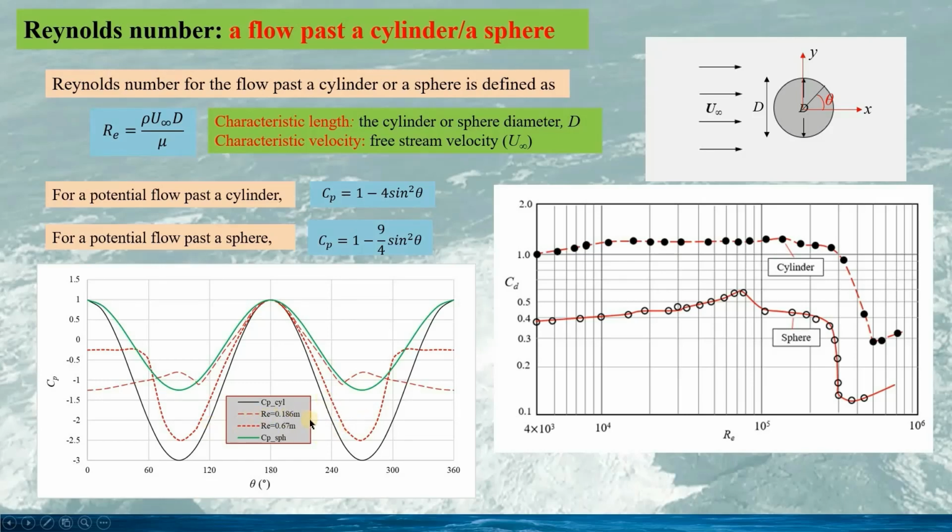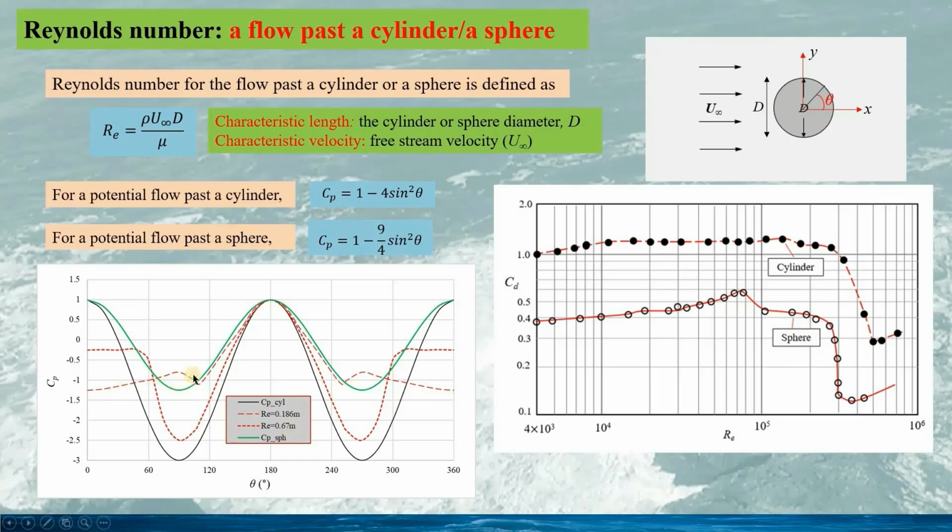The lower Reynolds number is 186,000, this line, and roughly happened here. And the second Reynolds number is 670,000, so it happened somewhere here. So we can see when the Reynolds number is larger, the pressure coefficient would be closer to the pressure coefficient of the potential flow.